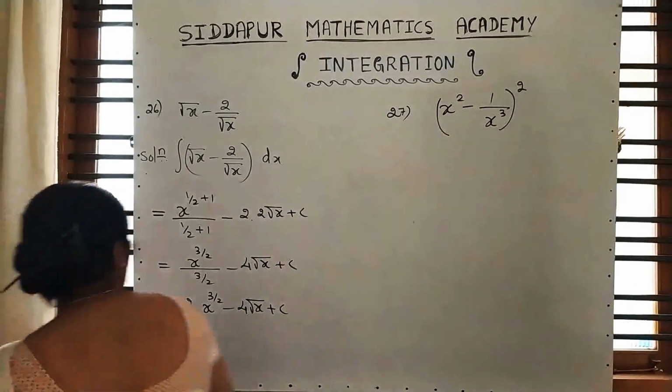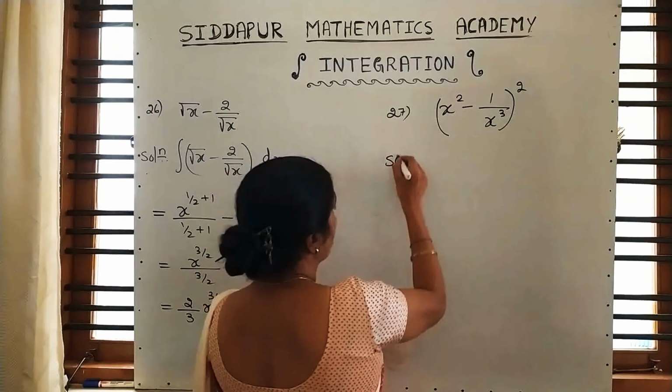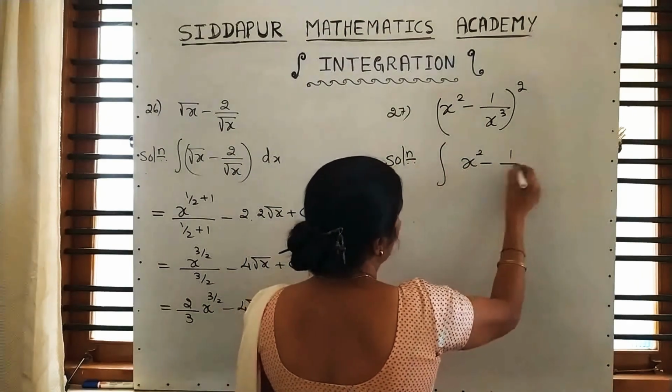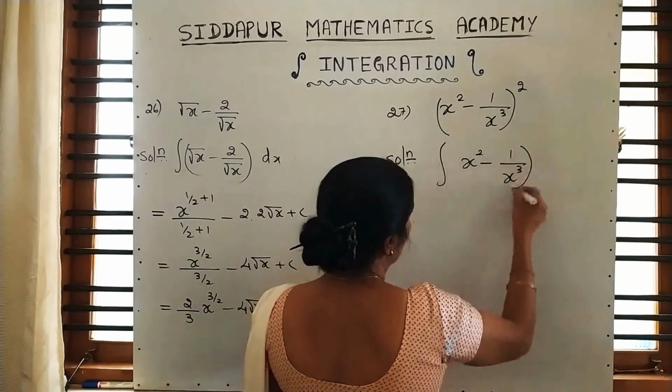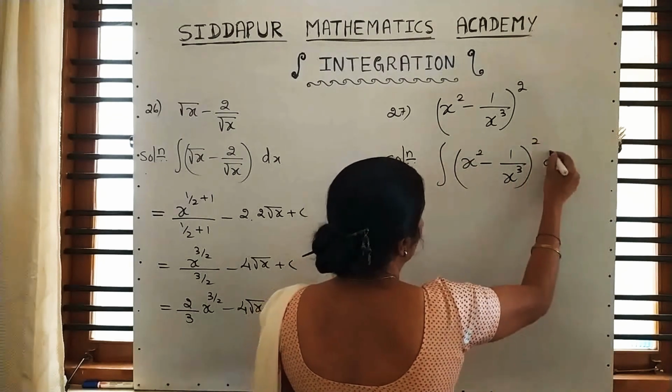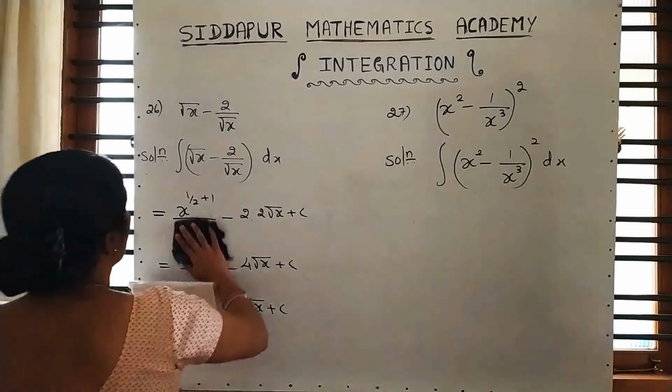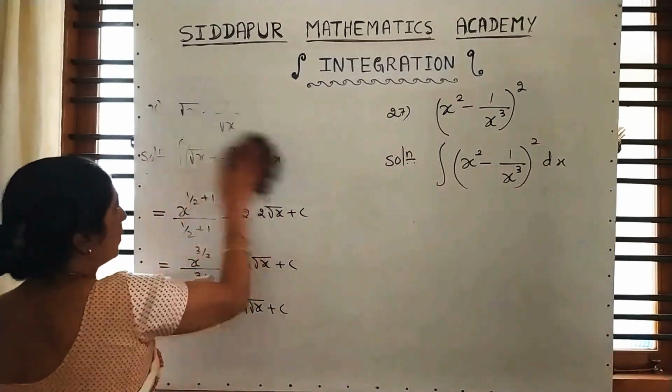See, first in the solution we have to write the integration sign. x square minus 1 upon x cube whole square dx, because with respect to x we are integrating. The question is same only. Integrate with respect to x.